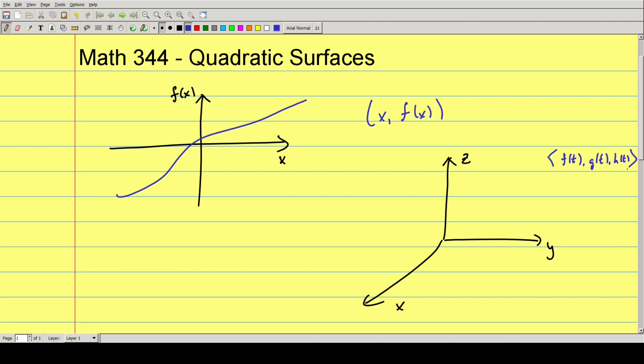Our independent variable is hidden. We have some curve that loops through space here, and there is an orientation to this. The arrow indicates the direction of how the curve is drawn for increasing t.